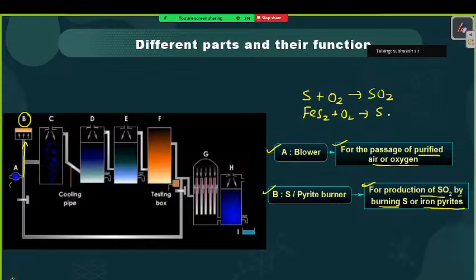Air is blown using blower A, and that air passes into B, which contains sulfur or iron pyrites, and that reacts with the formation of sulfur dioxide by burning sulfur or iron pyrites. Now after B, move on to C.